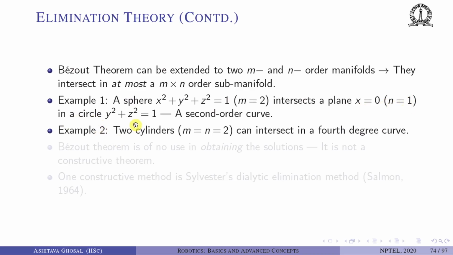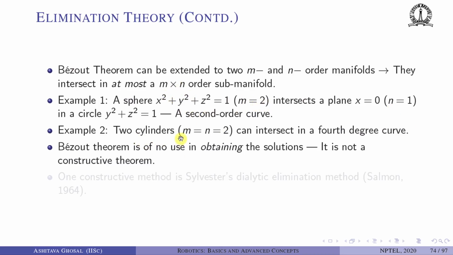This is obvious. If you take a sphere and cut it by a plane through its origin, you will get a circle y square plus z square equal to 1, a second order curve. So the submanifold is 1 times 2, which is second order.